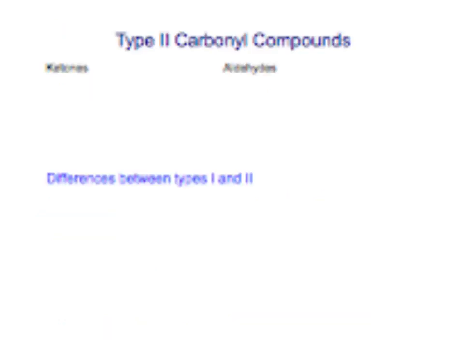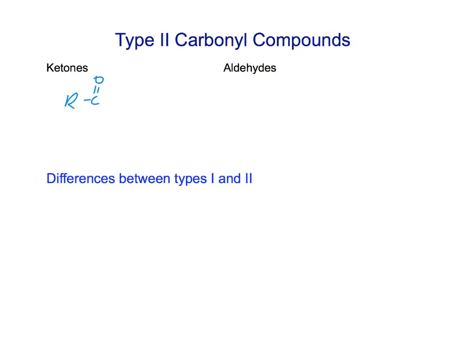Type 2 carbonyl compounds include the ketones and the aldehydes. So we have seen these as well. Usually as some substituent for a reaction, or we've generated both of these through things like hydration reactions of alkynes and oxidation of alcohols, right?